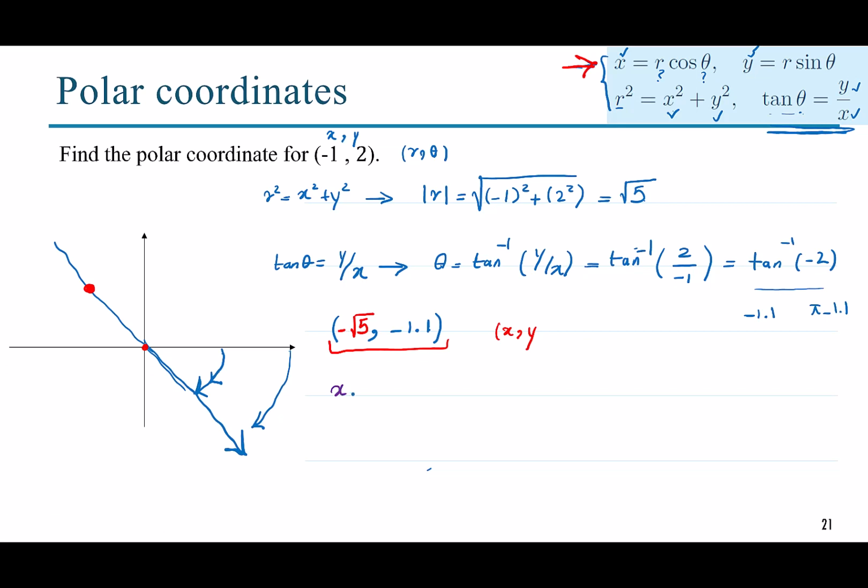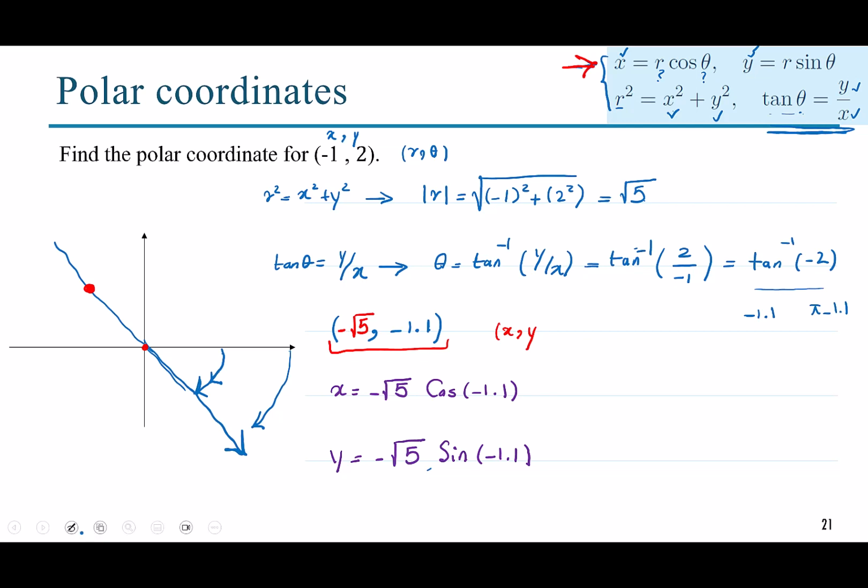So my x is going to be r, which is negative square root of 5, times cosine of this angle in radians, and my y is again going to be negative square root of 5 times sine of that angle. So if you calculate these, you'll find the values that we found before, -1 and 2.